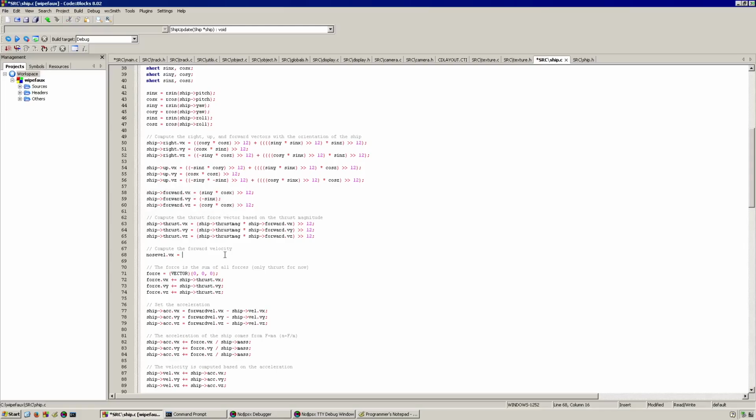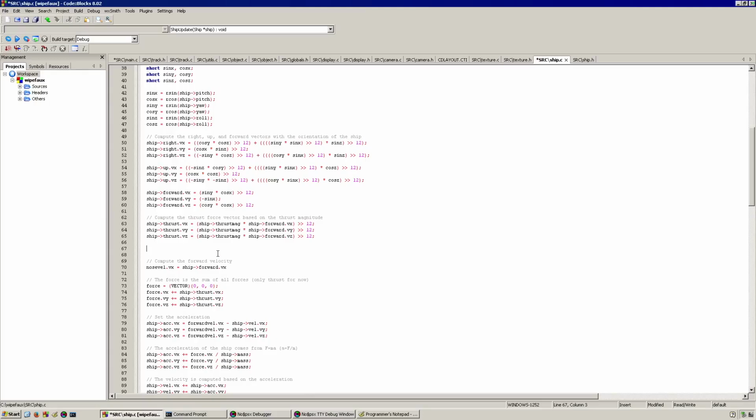So this is going to be the ship forward dot Vx, but I need to have the intensity. What is the intensity of the velocity right now? Well, I need to get the length of the velocity, so let me compute the length or the magnitude of the velocity.